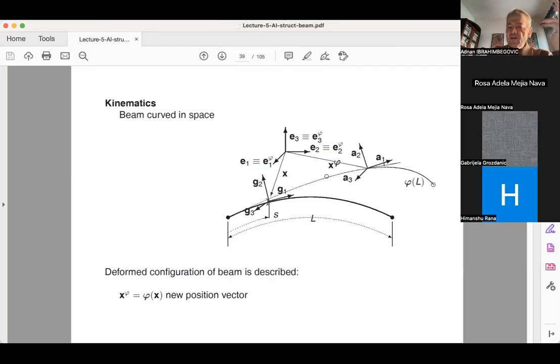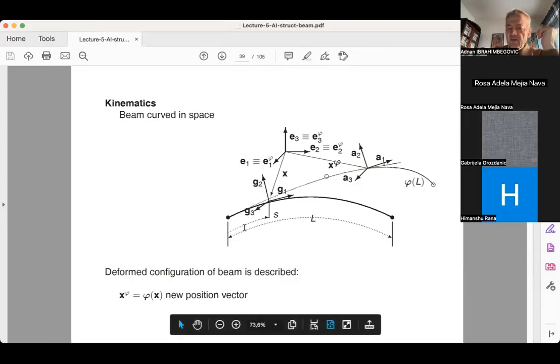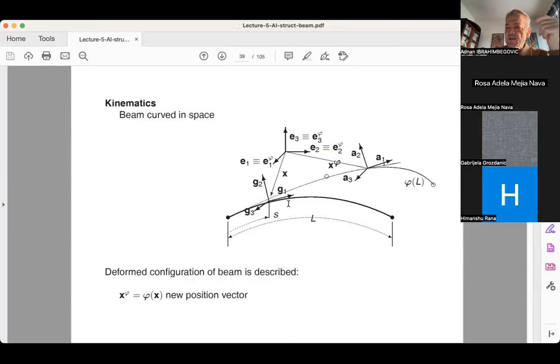So it's easy to obtain G1 as a derivative of the position vector X with respect to S, and you have your G1. And then the other two could be chosen in the way that they are mutually orthogonal and both orthogonal to G1. So you have the notion of a beam, which is given by the position vector, and this unit triad, which is giving you orientation of the cross-section. Namely, G1 is orthogonal to the cross-section, and G2 and G3 are in the plane of the cross-section.